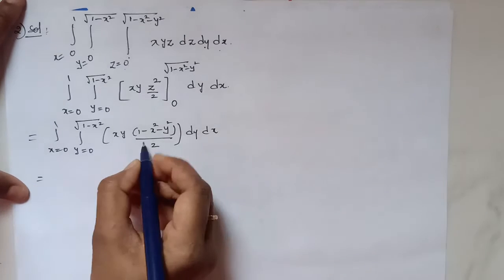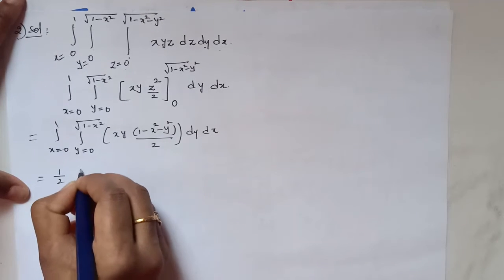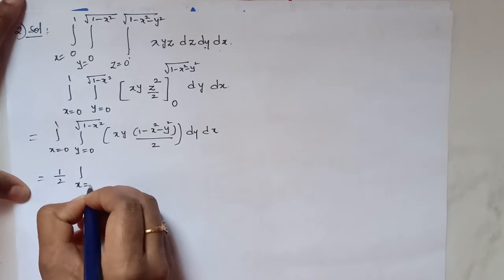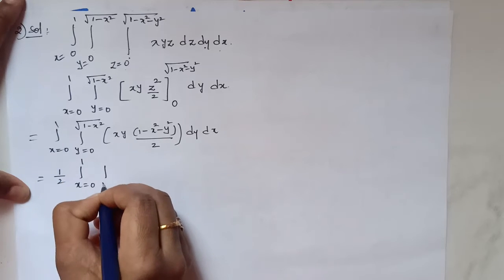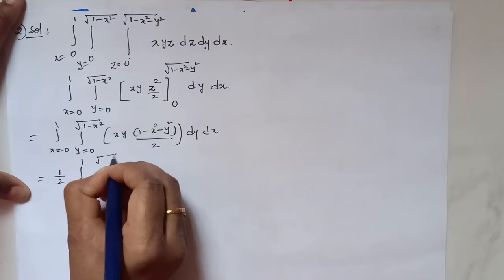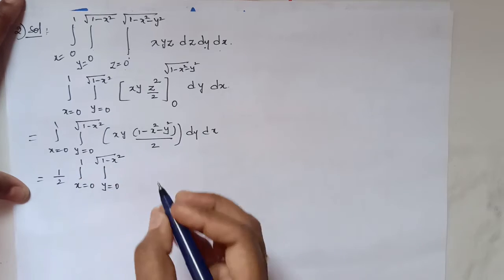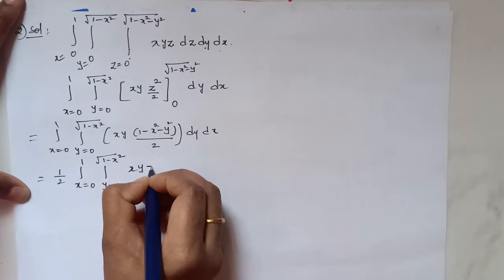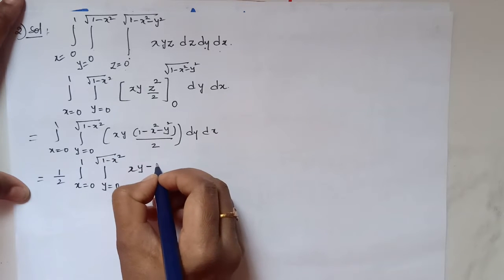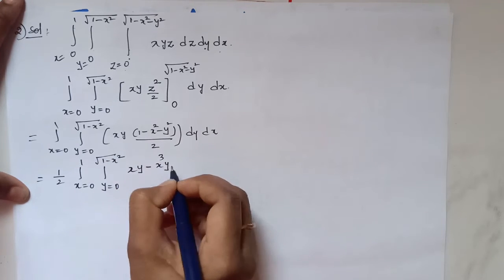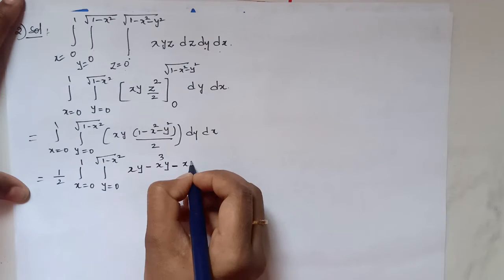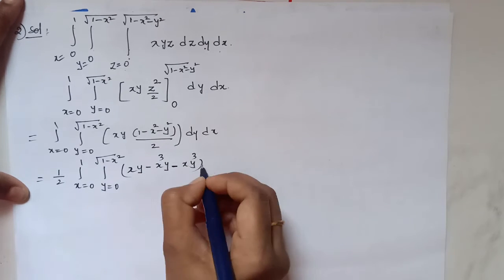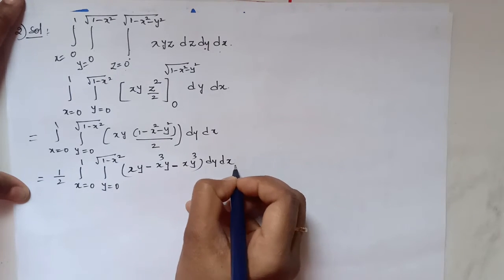Now, 1 by 2 we can write outside of the integral because it is a constant. 0 to 1, integral y is equal to 0 to under root 1 minus x square. Now, xy multiplied with 1 minus x square minus y square gives x cube y minus xy cube, dy dx.